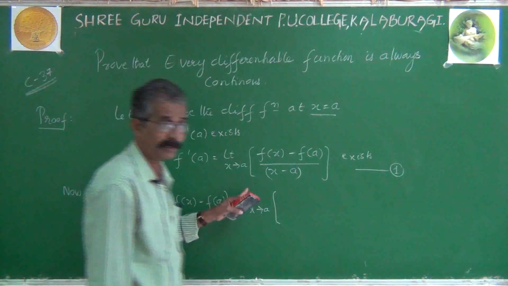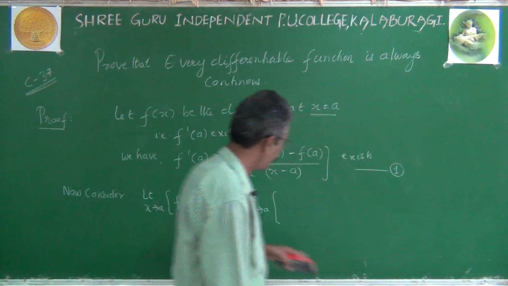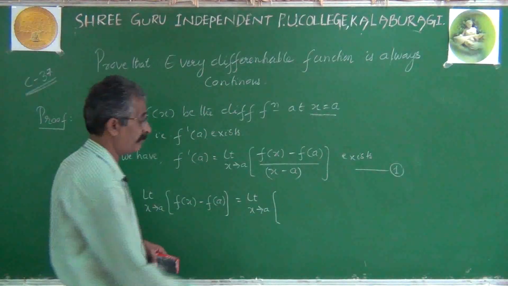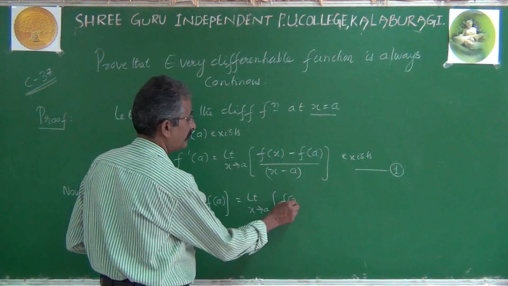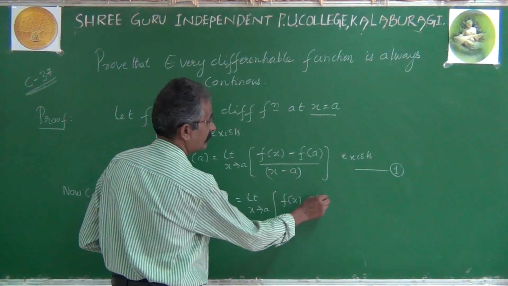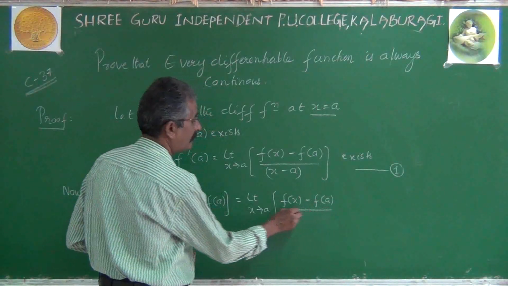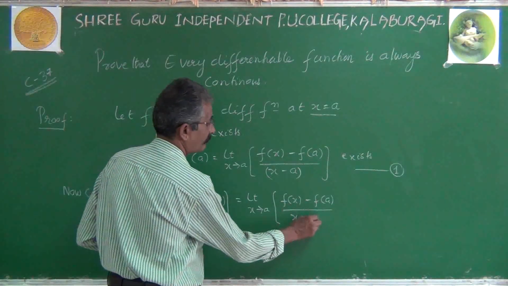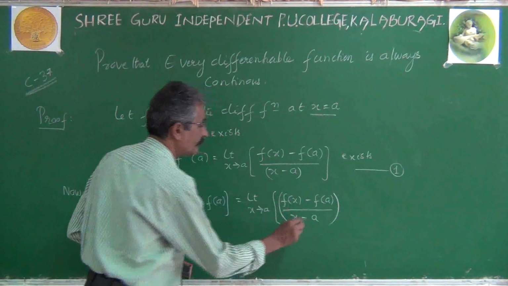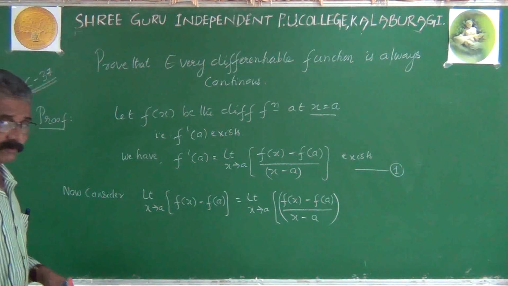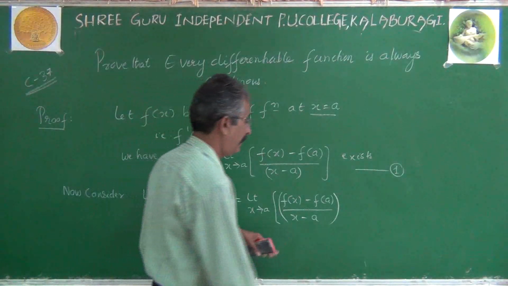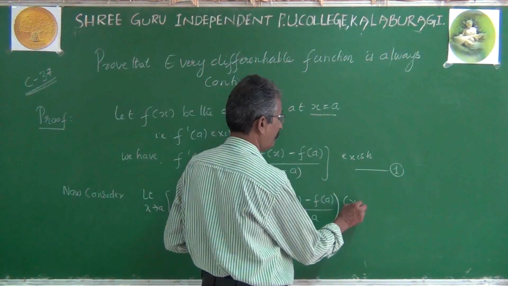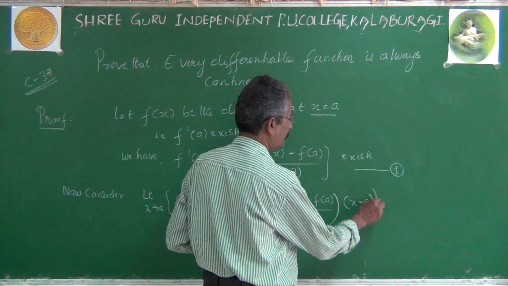So let's multiply and divide by x minus a on this right-hand side. What we get is f of x minus f of a divided by x minus a. Observe, we have divided by x minus a. We shall balance it by multiplying with x minus a.